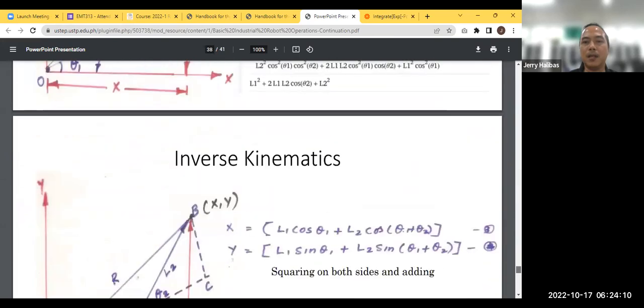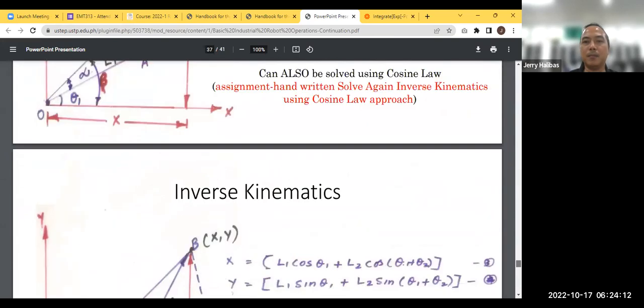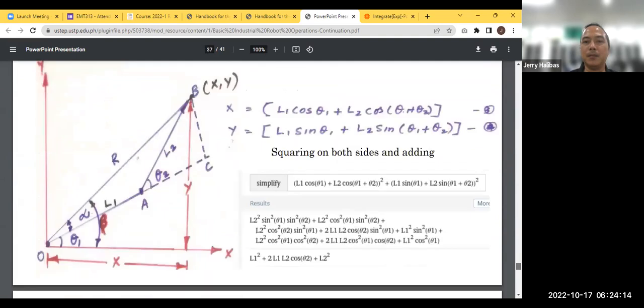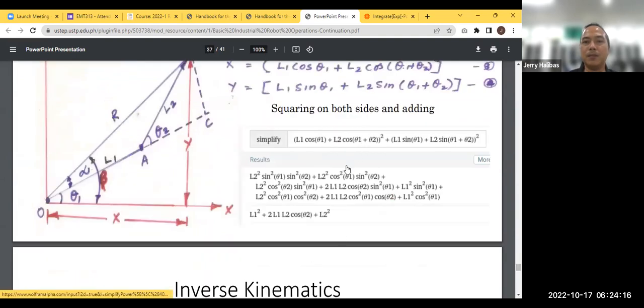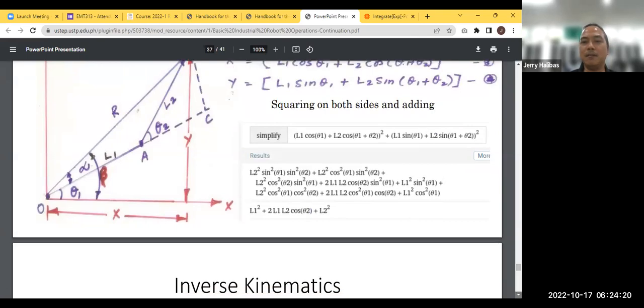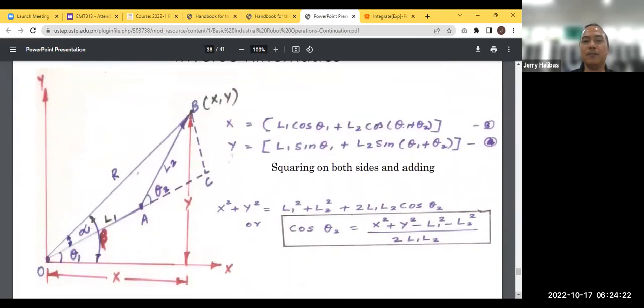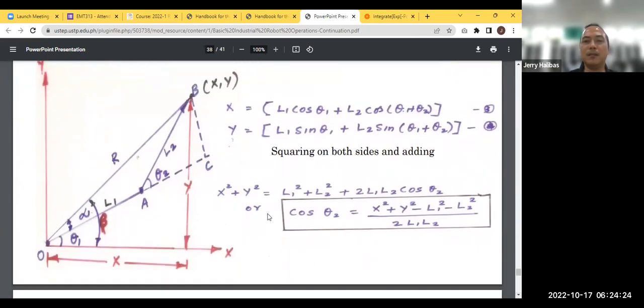Since it was simplified, if you square this one, it is similar to the cosine law. You just solve for cosine theta 2. Transpose the negative to the other side of the equation, then you have cosine theta 2.